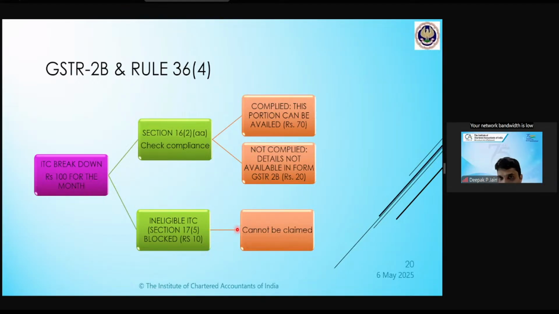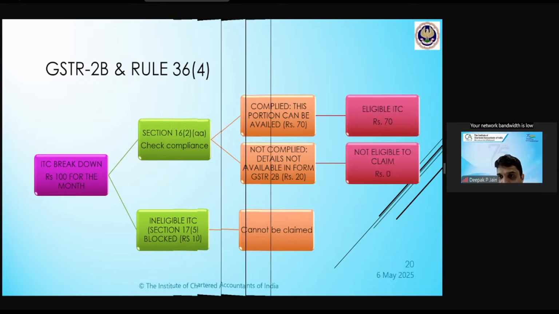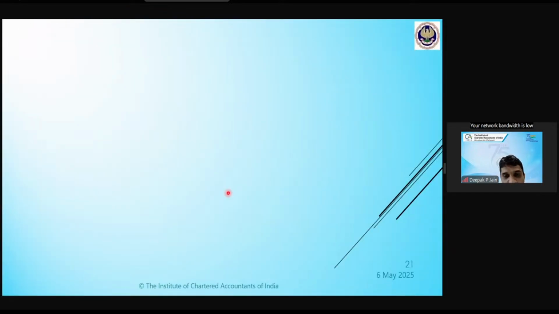Presently, there is no system. So the government has come up with a circular saying that you have to take a declaration from the recipient, and basis which you have to ensure that it is reversed. So 70 will be eligible, net will be 70 is what he can claim.